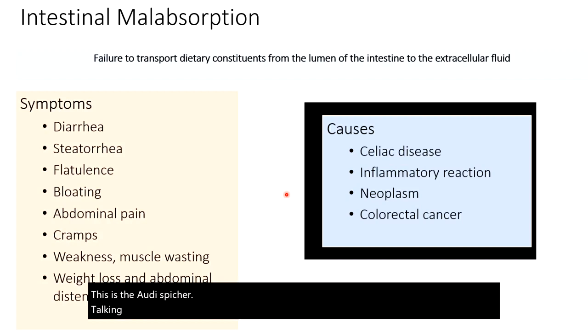It cannot be absorbed, and because of that it will cause usually chronic diarrhea, steatorrhea, a lot of bloating and flatulence because the bacteria present in the intestines are the ones that usually are going to be digesting, for example, lactose. Patients are not going to be absorbing nutrients, so it will produce weight loss, weakness.